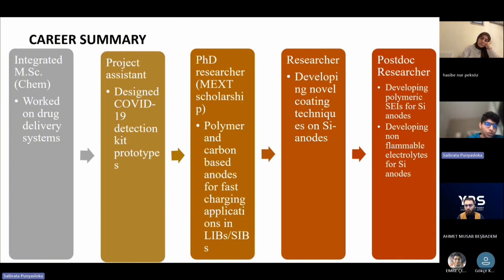Electrolytes are there, and at a very low potential compared to lithium or sodium, around 0.1 or 0.2, the electrolyte starts degrading and forms inorganic and organic components. There are different pathways the electrolyte can degrade and form a layer, a reduction layer. That is basically an SEI.